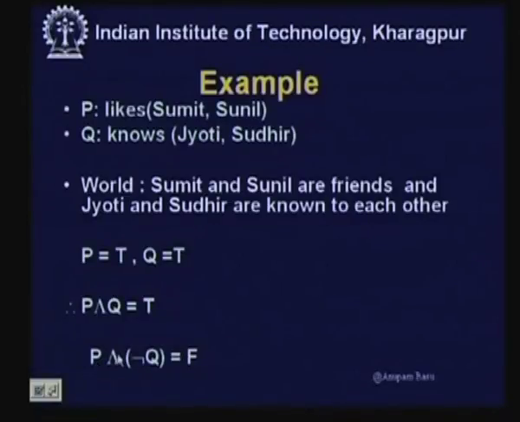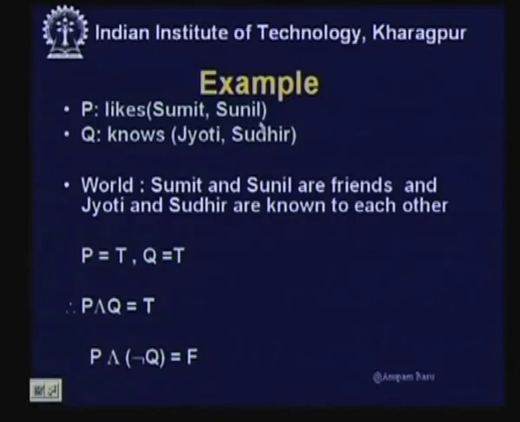But what happens with P and not Q? Here you see Q was true, and not Q, let us see, what does not Q mean here? Knows Jyoti Sudhir. I negate that. That means does not know Jyoti Sudhir. But Jyoti and Sudhir know each other. So knows Jyoti Sudhir is true, does not know Jyoti Sudhir is false.